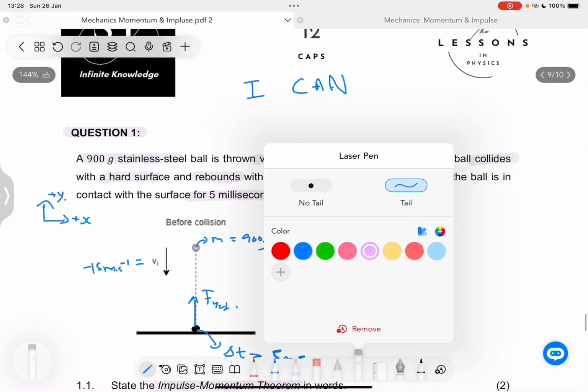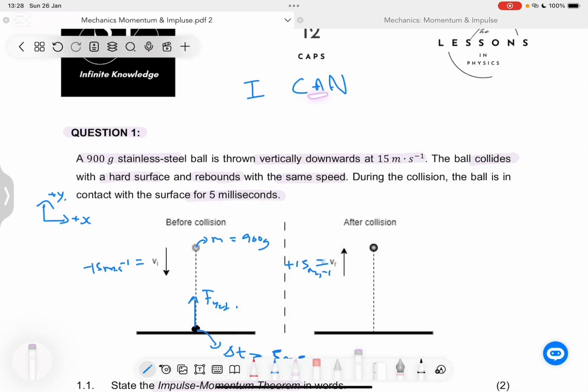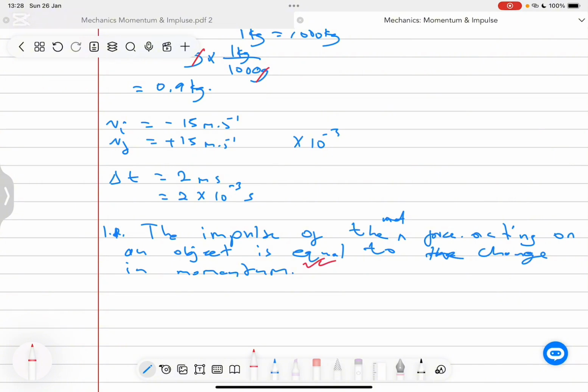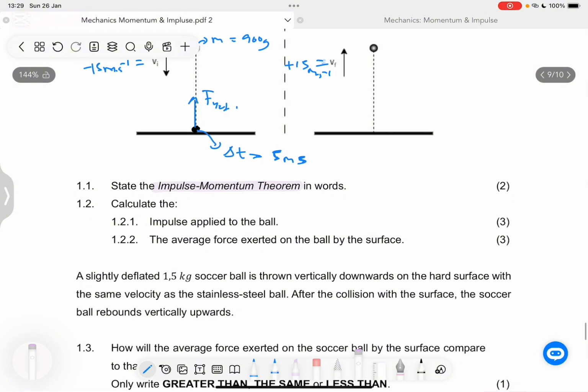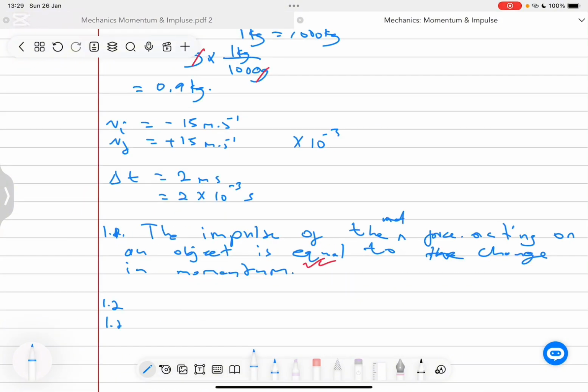Then now we will cycle back to answering the question. We go back to this part because we have another question, the next question, which is 1.2. This question says to us, calculate, and then we have sub questions here.